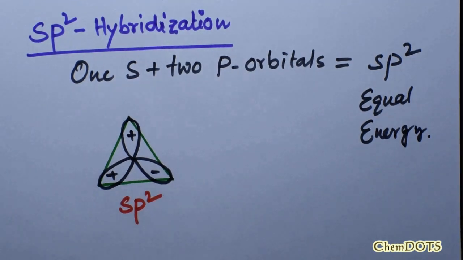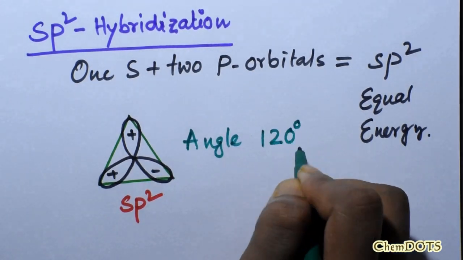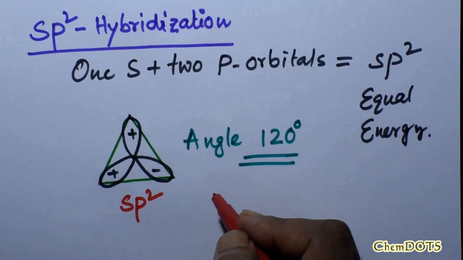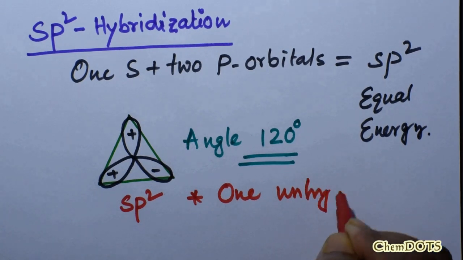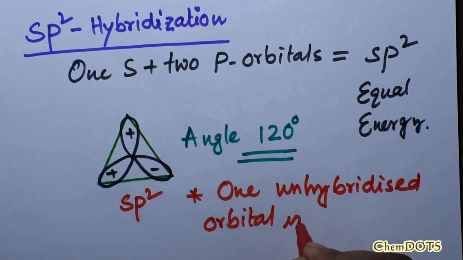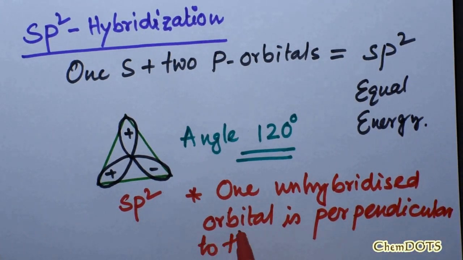The bond angle between 2 sp2 hybridized orbitals is 120 degree, and the unhybridized p orbital is perpendicular to the plane of the hybrid orbitals. That means the unhybridized orbital is perpendicular to the plane of that equilateral triangle.